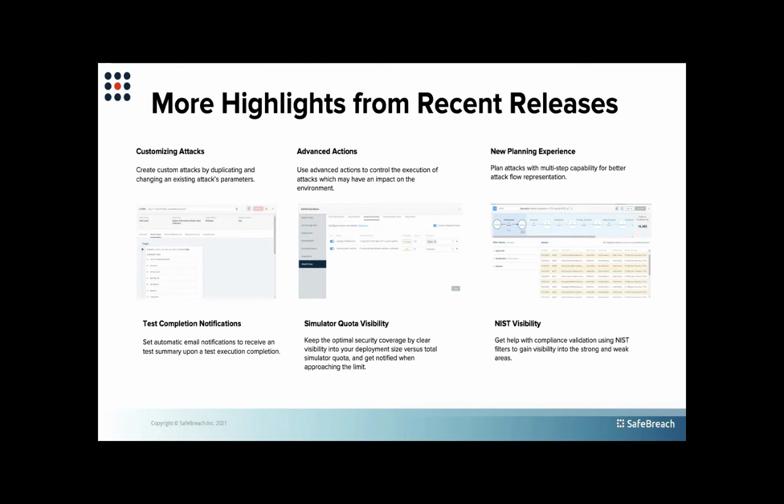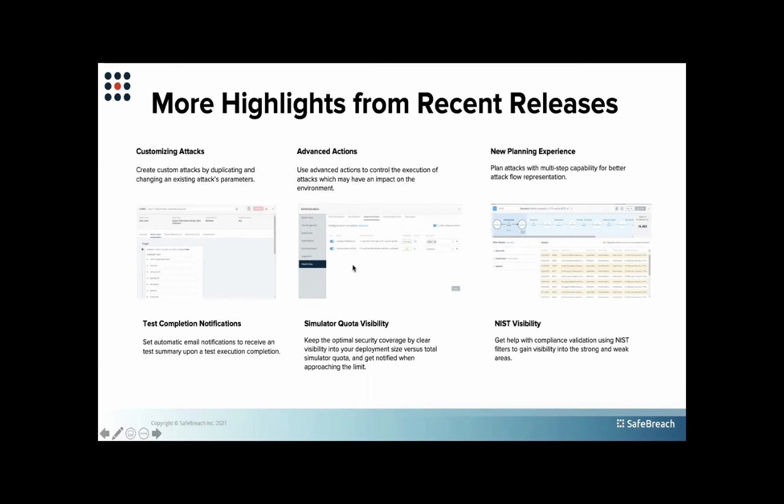Another interesting capability that we released was the new planning experience, as we call it, which allows you to represent the multiple steps within the plan or scenario that you would like to execute. Those steps can be anything, starting from MITRE tactics or stages of attack, and then you can select in bulk different attacks and represent them in a more meaningful way.